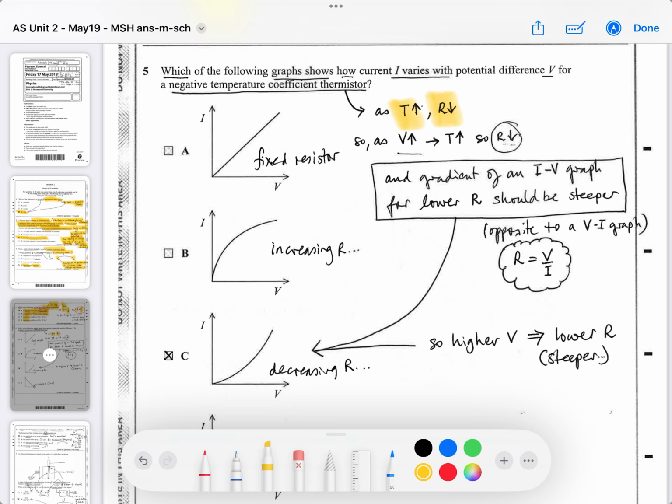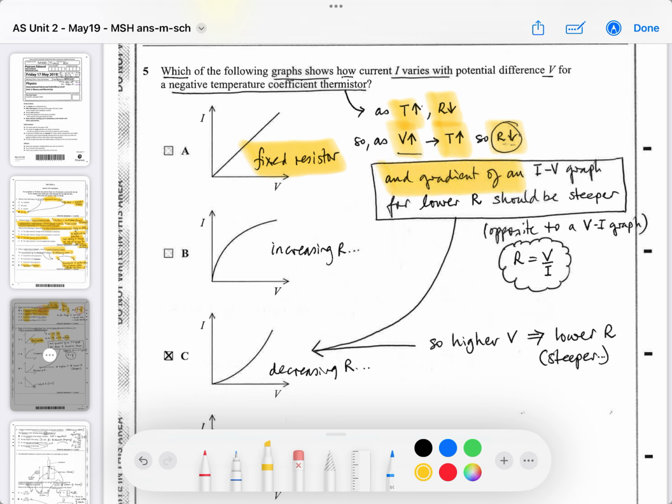As the voltage goes up in the first graph, the temperature will go up, because voltage is joules per coulomb, so it's more energy given to the charge, and then you're going to have the resistance going down. But this is a fixed resistance, so it won't be that one.